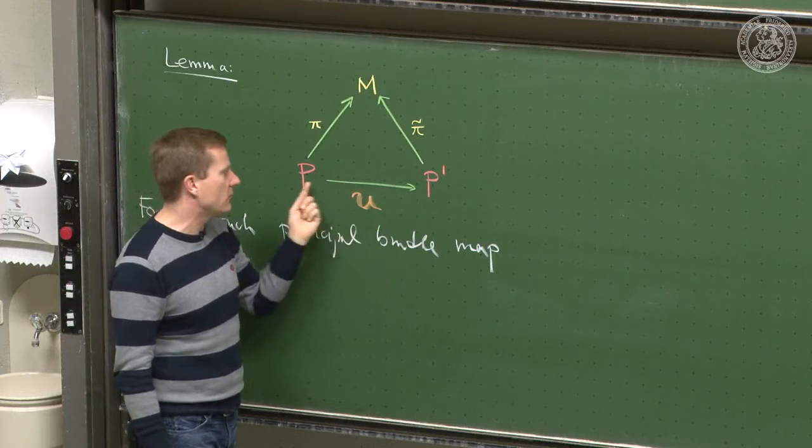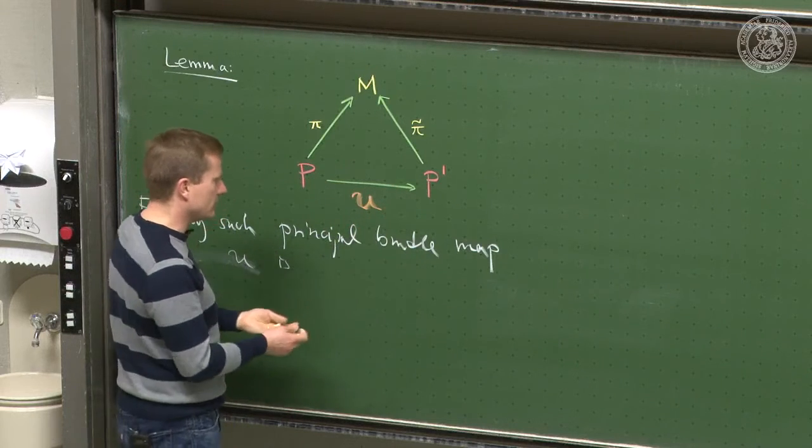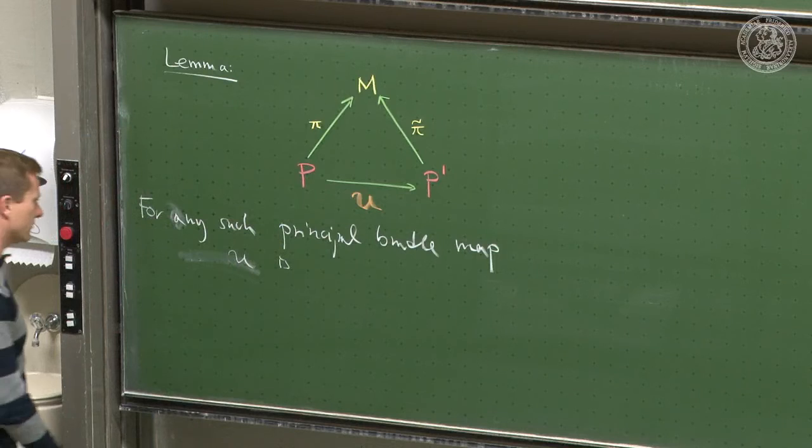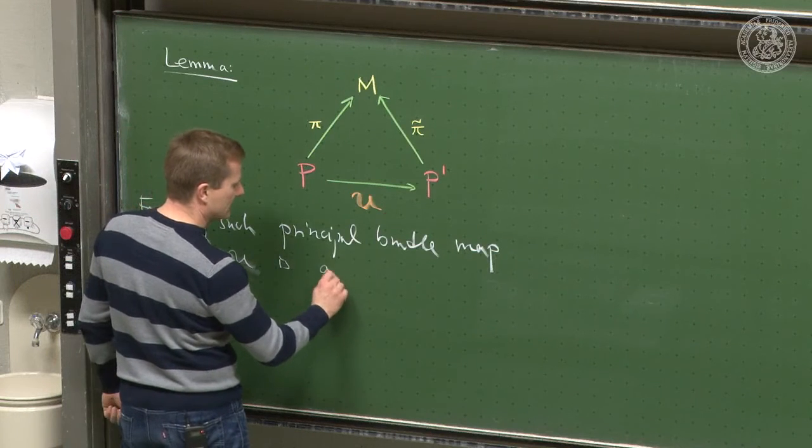So if they're smooth manifolds, it's a diffeomorphism. The important thing is it's invertible, right? It's one-to-one and surjective. U is, let me write, a diffeomorphism.